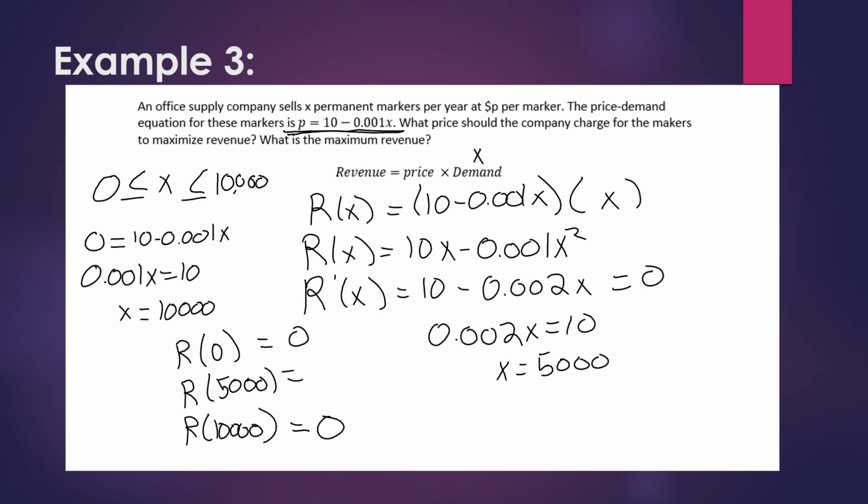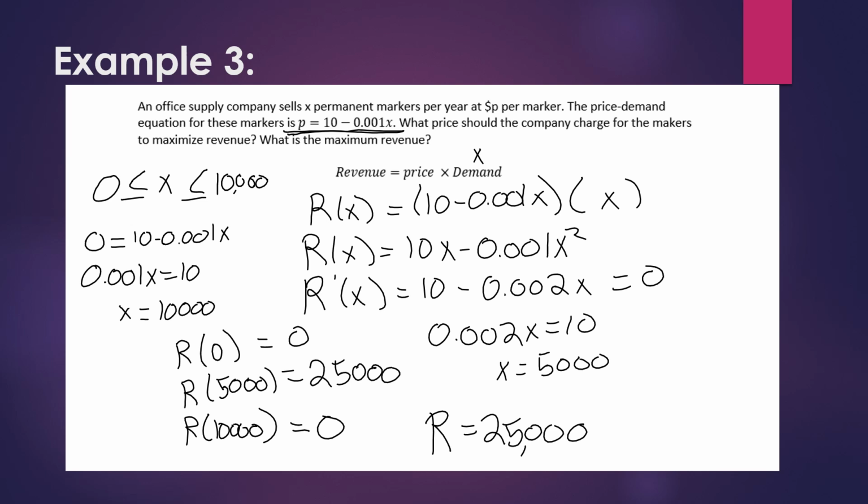It's going to be 10 times 5,000 minus 0.001 times 5,000 squared. And when I plug that in, I'm getting 25,000. So my revenue is going to be 25,000.